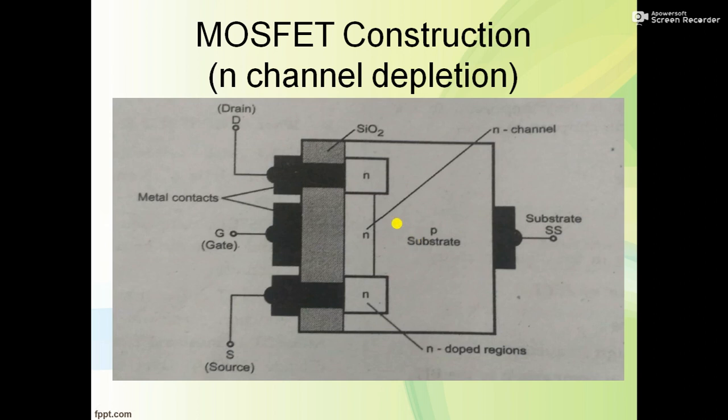These two highly doped N regions represent the two terminals of the MOSFET.